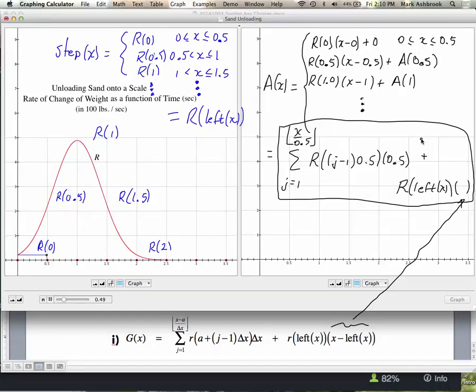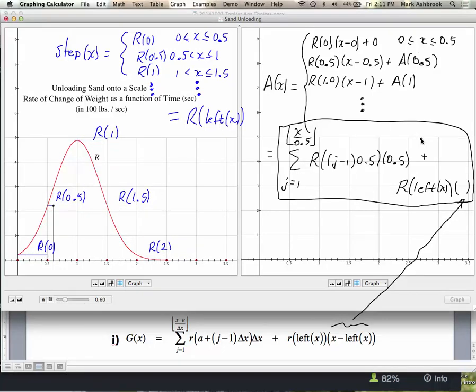For half a second, you accumulate at this rate. The weight of the sand you accumulate in the first interval. A of 0 is 0. A of 0.5 is the same question you had before. So new y equals old y plus new y.